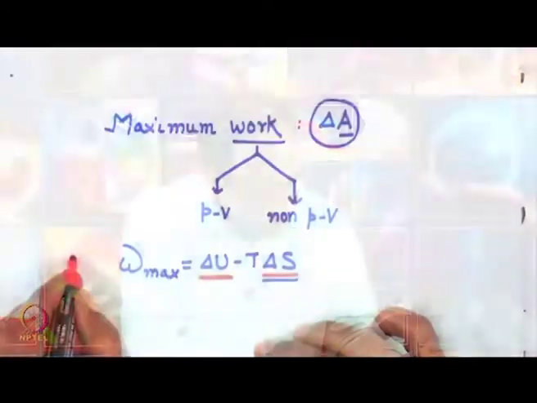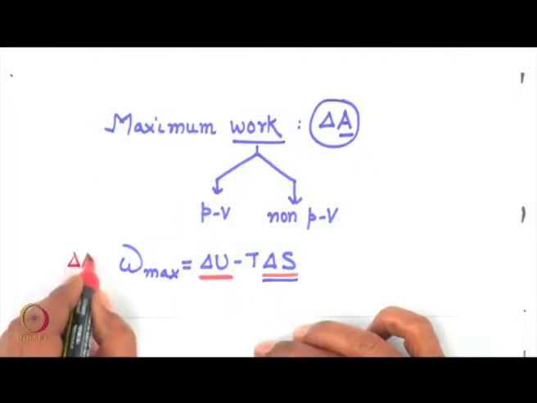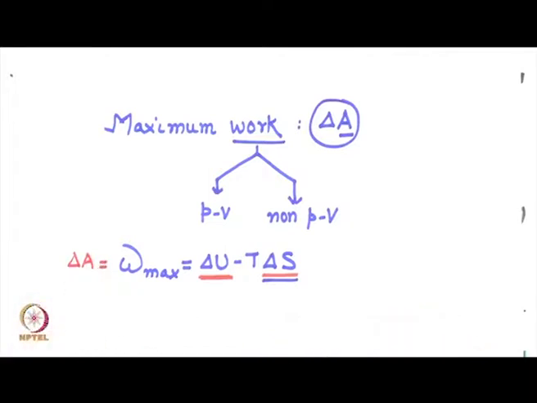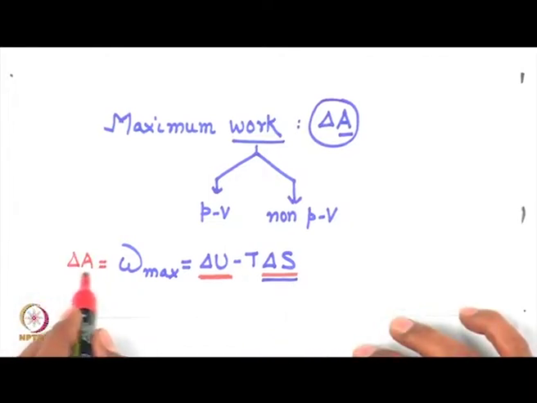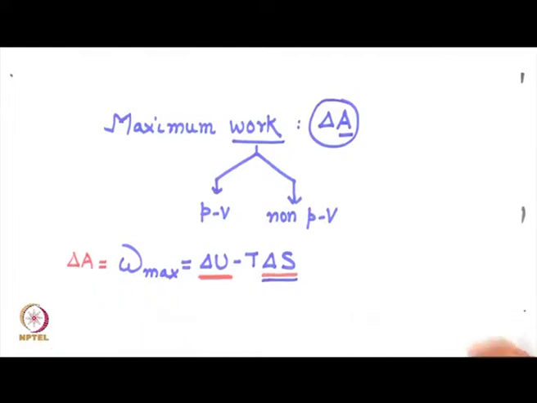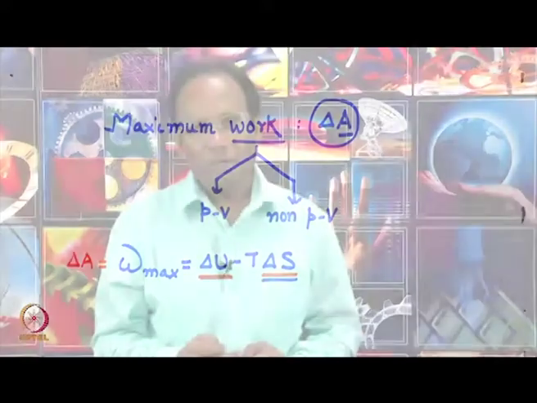And let me now put delta A. We say delta A is a measure of maximum work the system can do, and A is called the Helmholtz free energy. Why the term free? Many times this question comes to mind: Gibbs free energy, Helmholtz free energy, why is it called free, what is free in it?